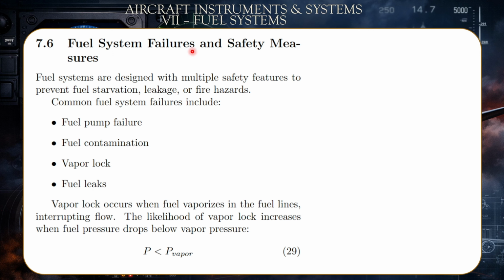Fuel system failures and safety measures. Fuel systems are designed with multiple safety features to prevent fuel starvation, meaning the lack or the excessive lack of fuel, leakage. So when the fuel is leaking out, it needs to be detected by the system somehow, or fire hazards.